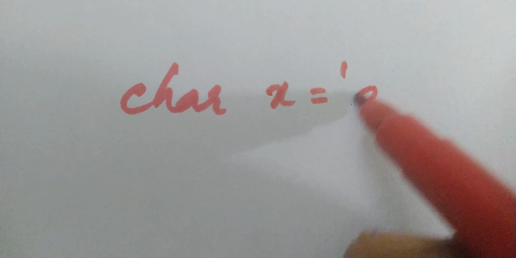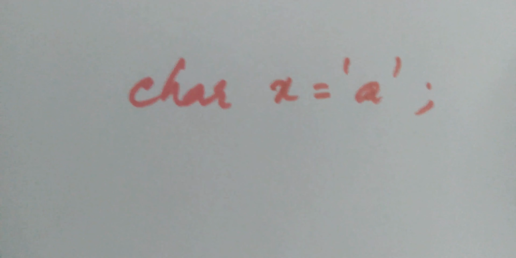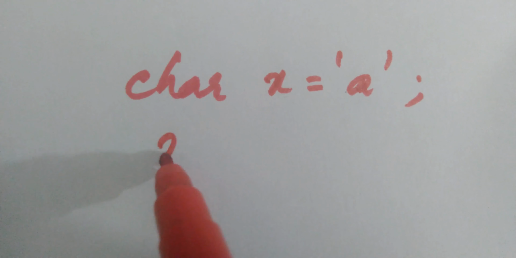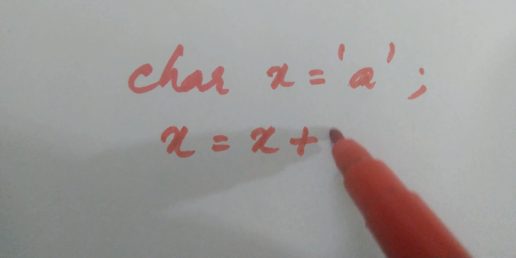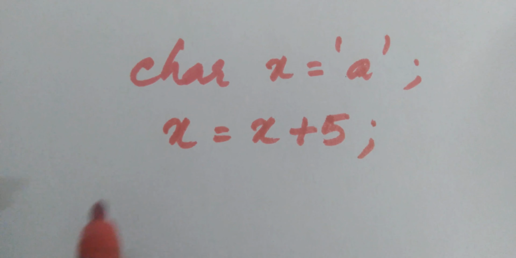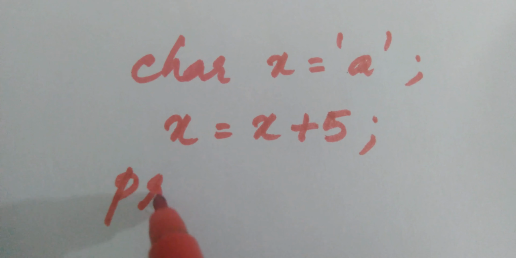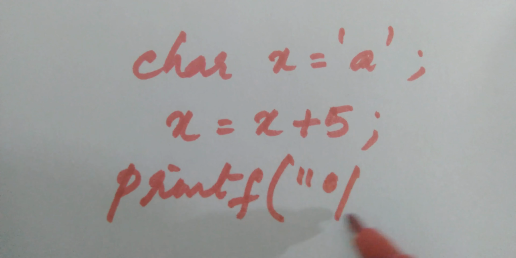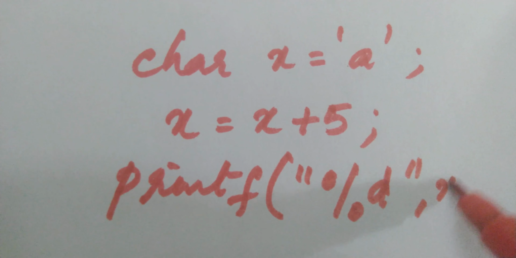char x = 'a', and in the next statement, if I write x = x + 5, and then print its numeric value, printf("%d", x), what will happen?